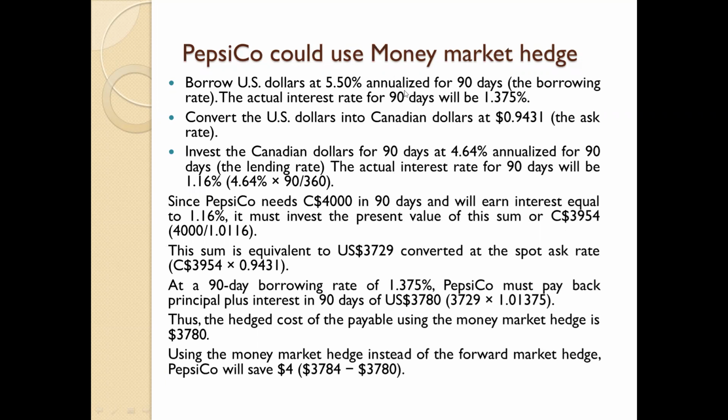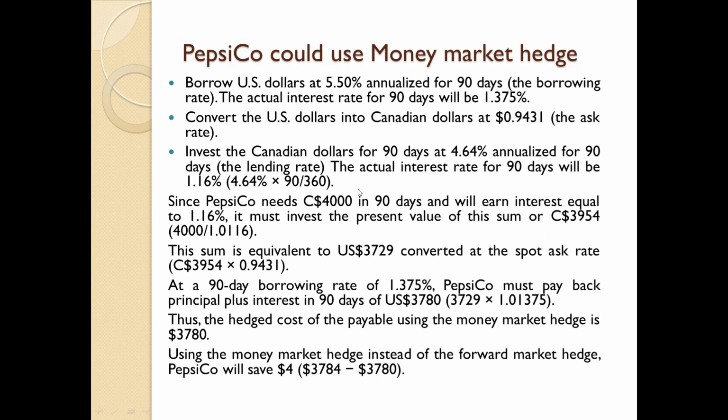Then after getting the borrowings, you have to lend at the same time, and there should be interest rate differences between the two markets. So there are many preconditions that have to be fulfilled. But people do money market hedging in order to minimize transaction risk.